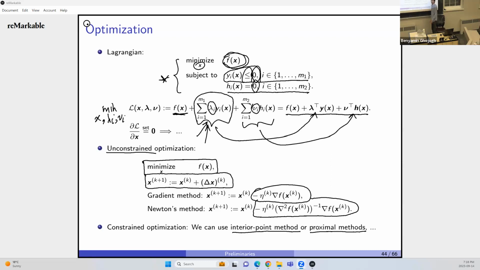What is proximal methods? It's just a special case of proximal operator is projection. Its idea is simple. It says that, so one good example is projected gradient method. You know gradient descent, right? I move one step at a time like this. This is gradient descent.